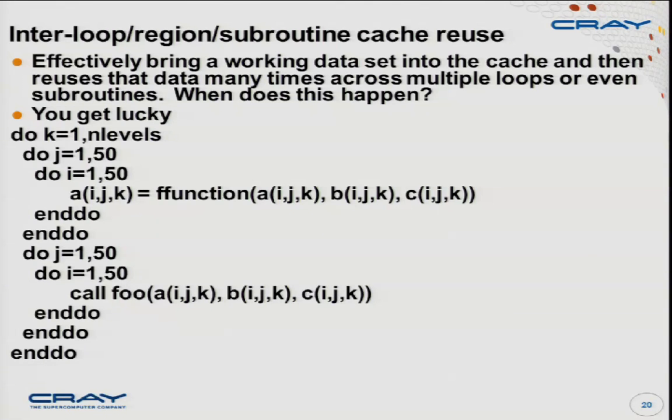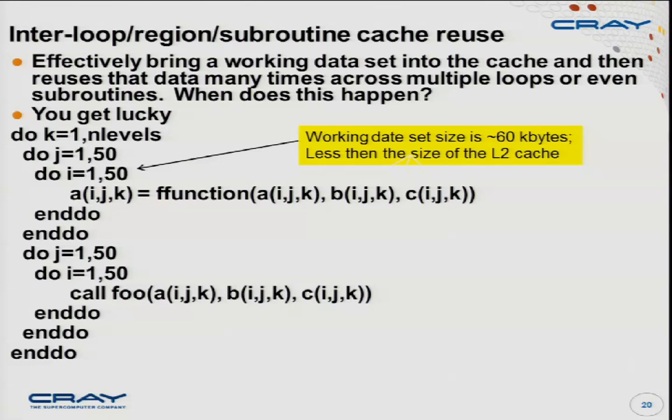This is kind of a weather-like example. They say, for every level in the atmosphere, I'm going to compute every sub-grid point on the surface of the Earth. And it turns out that the working set size here of this 50 by 50 is less than the size of the L2 cache.